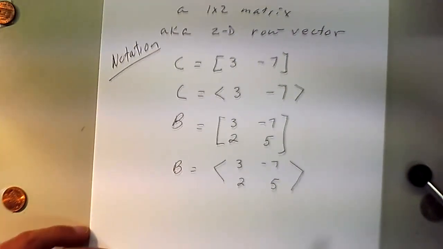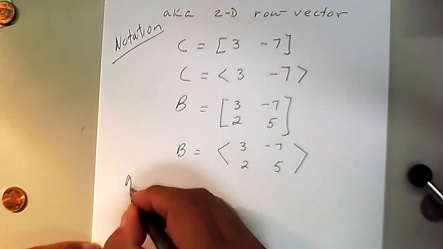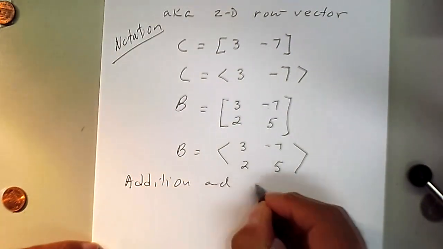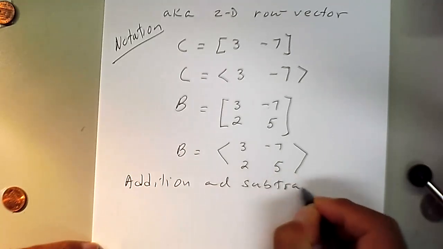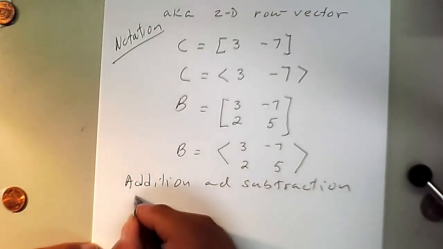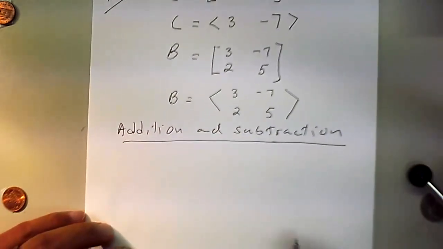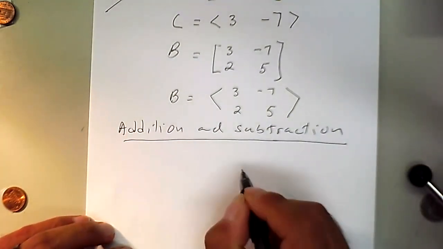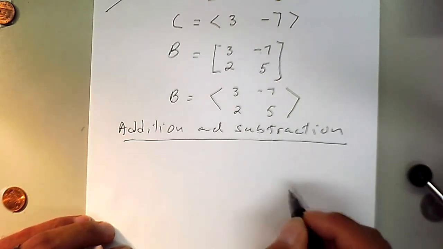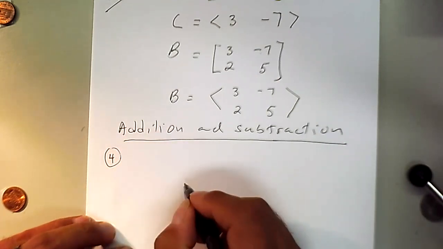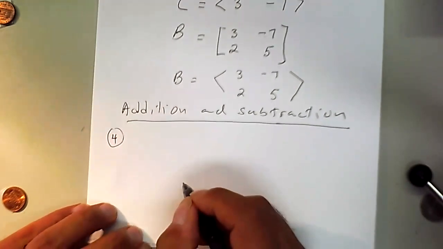So let's talk about addition and subtraction of matrices. We can add matrices only if they are exactly of the same size. So the same dimensions, not only the same size, but the same dimensions.